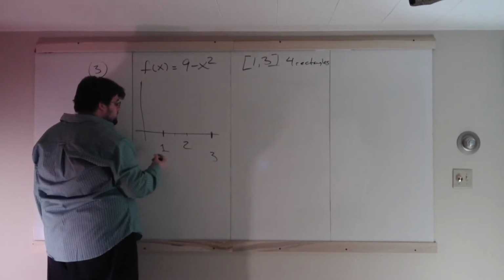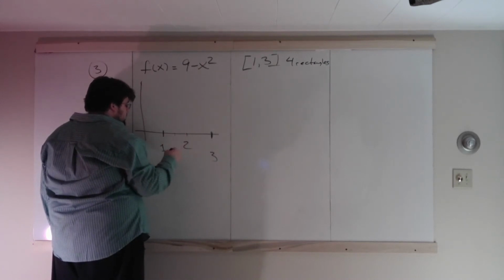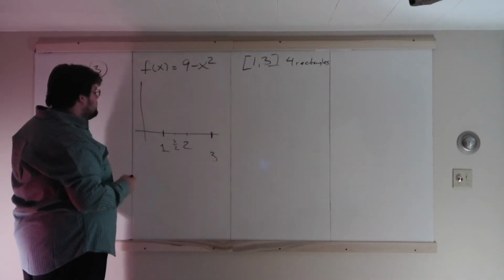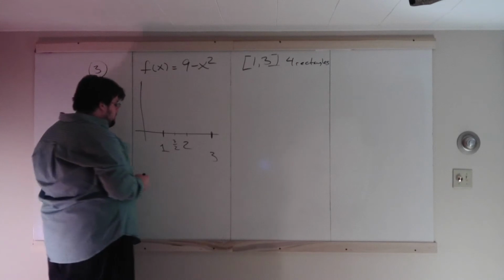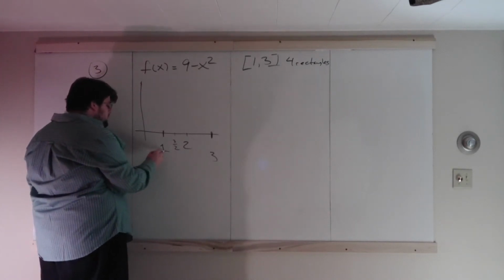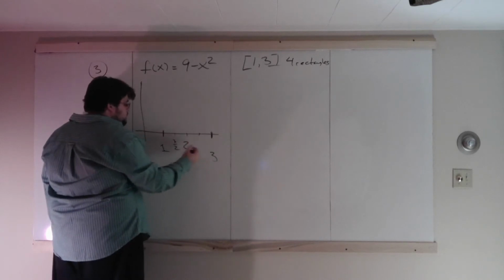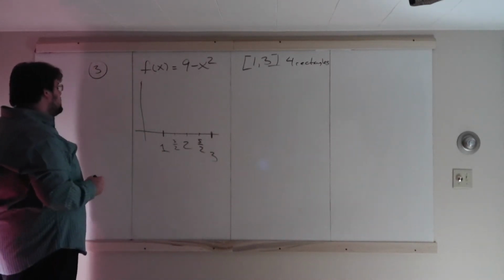Between 1 and 2, the midpoint is 3 halves. You could arrive at that many different ways. The way I arrive at it is by thinking about money. This is a whole dollar, this is 2 whole dollars, so in between them, $1.50. Between 2 and 3, 5 halves, $2.50.